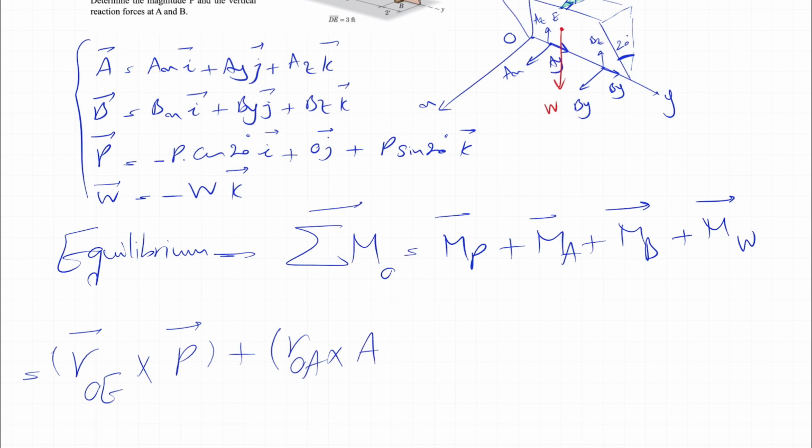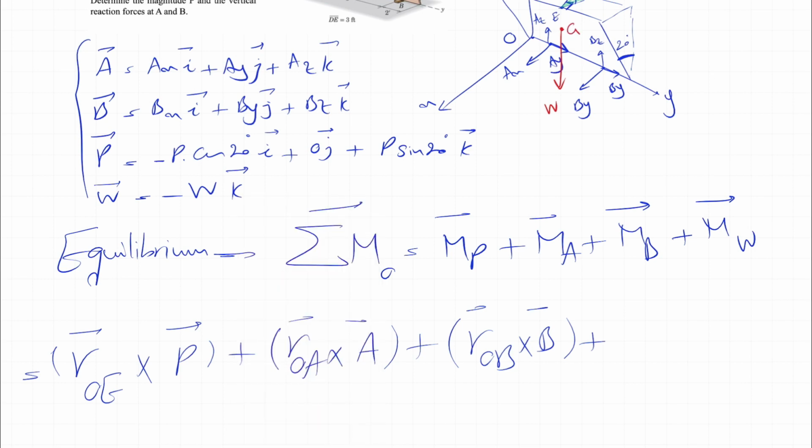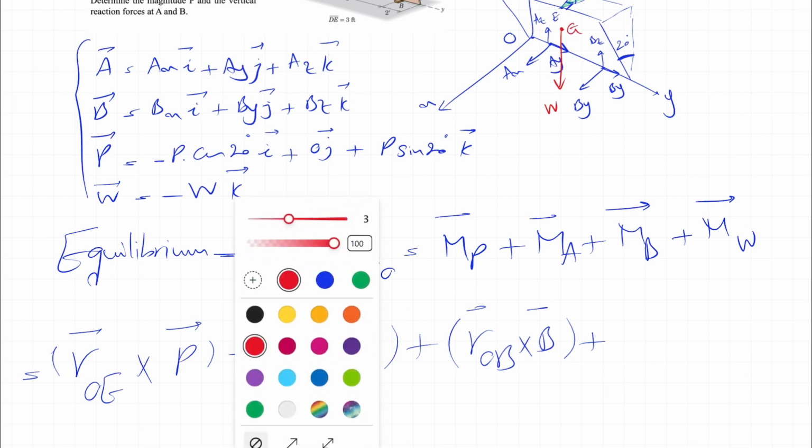And same story for the other ones. So we have ROA times, let's call it A, and we have ROB times B, and the last point is the moment of the weight.